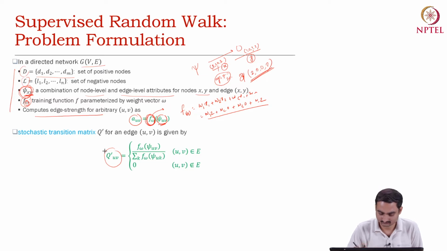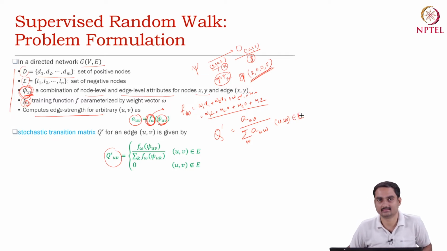So, what is this Q dash? Q dash is a_uv divided by the sum of a_uw for all w such that u and w are connected, that is, belong to this edge set E.